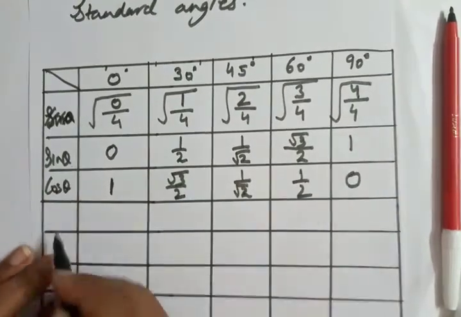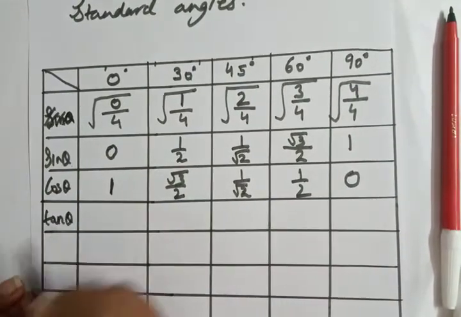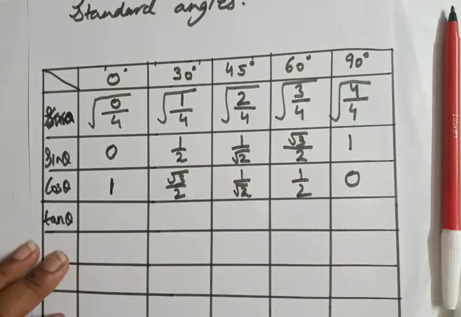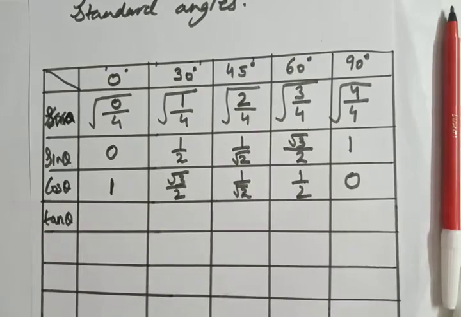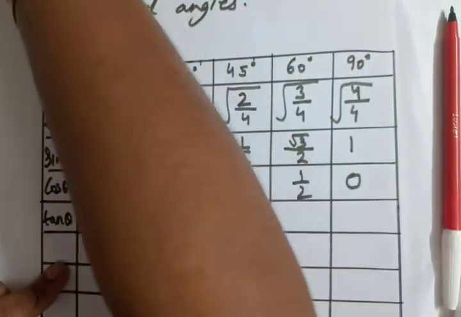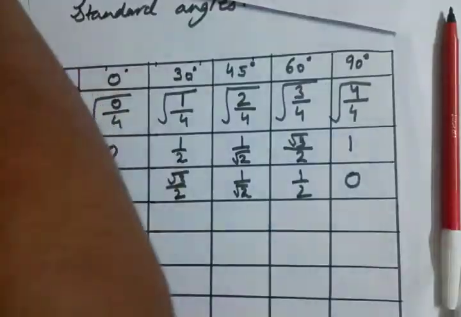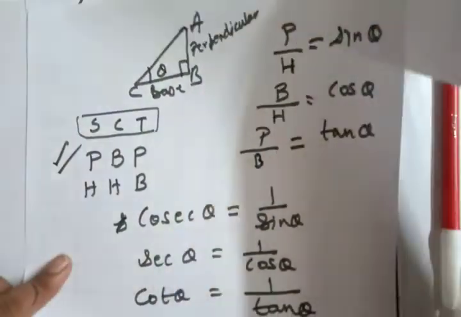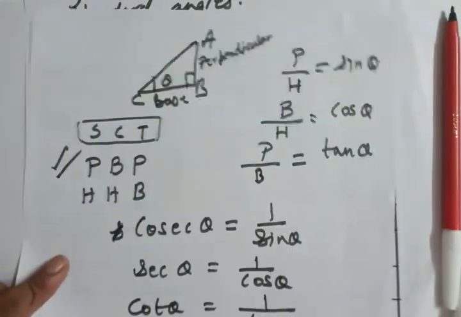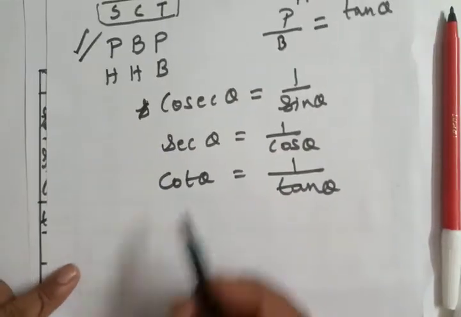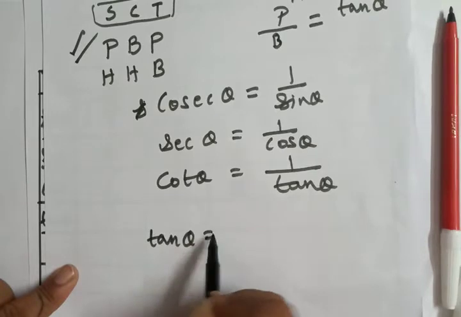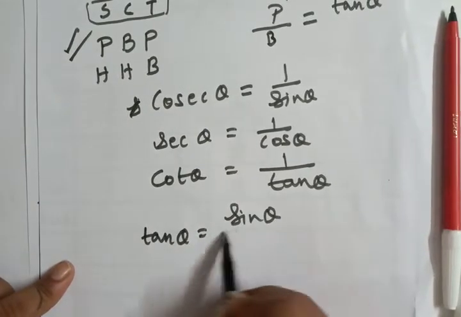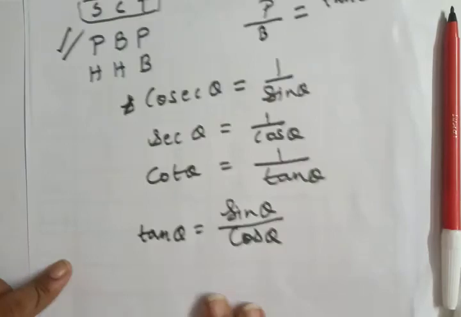Now come to the tan theta. Let me recall what is tan theta. Tan theta is perpendicular upon base, that we have written here. Now we can also write tan theta is equal to sin theta upon cos theta.